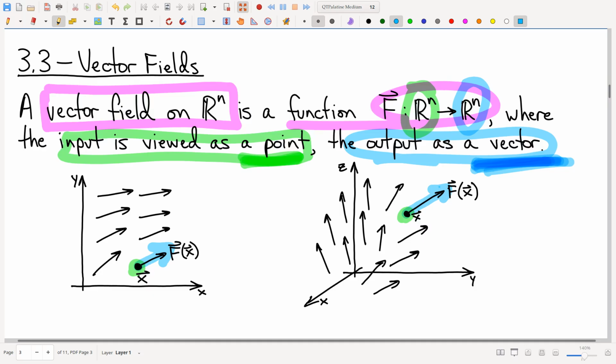And there are other instances of at every point there's a vector. Force fields. Think about the gravitational field, for example. Wherever you might happen to be, there is a corresponding gravitational force represented by a vector.